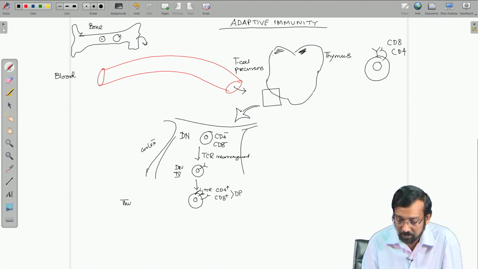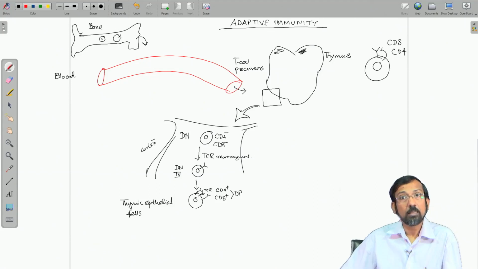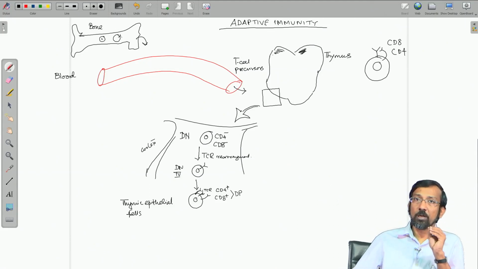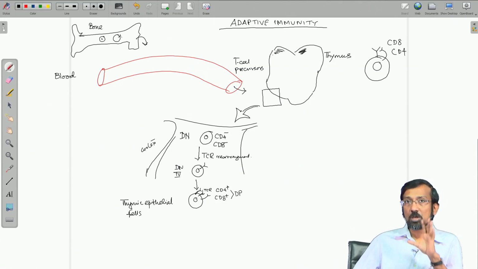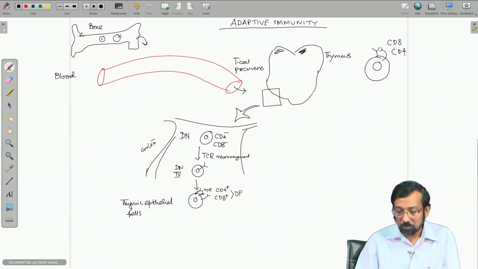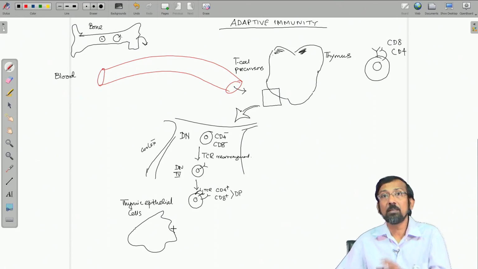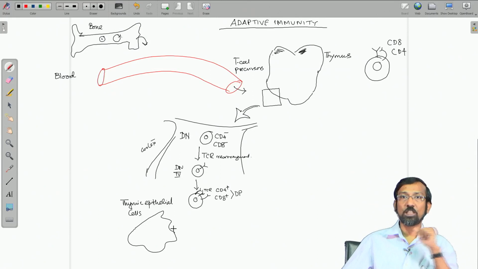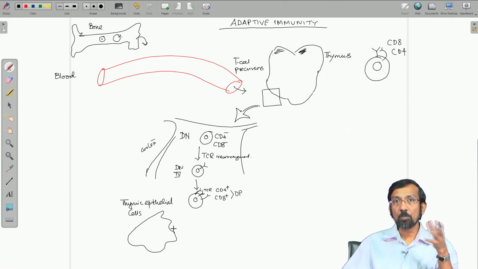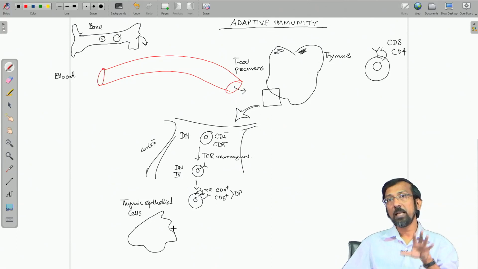These thymic epithelial cells express the different MHC molecules, the class 1 and the class 2 molecules, on their surface. Now, these thymic epithelial cells are helping these T cells to mature and to be selected as either CD4 plus or CD8 plus cells.